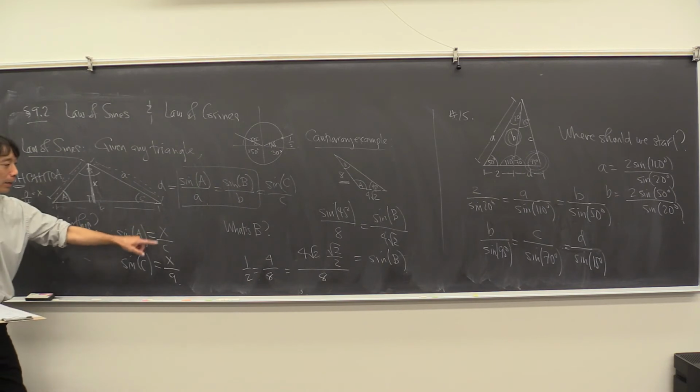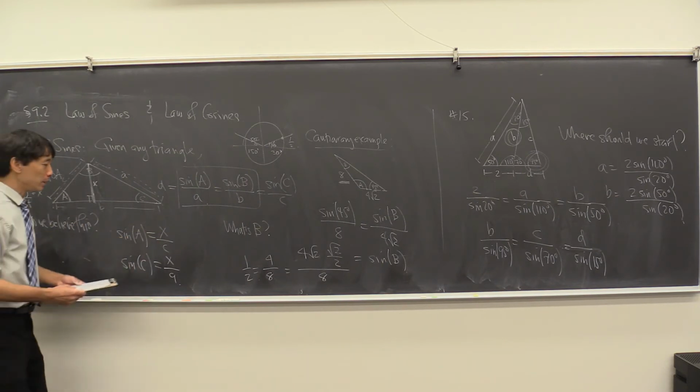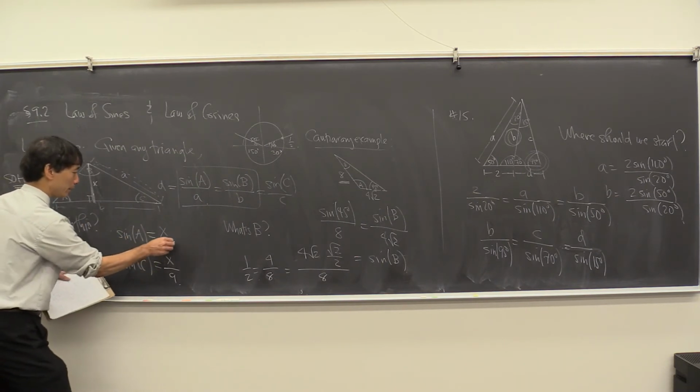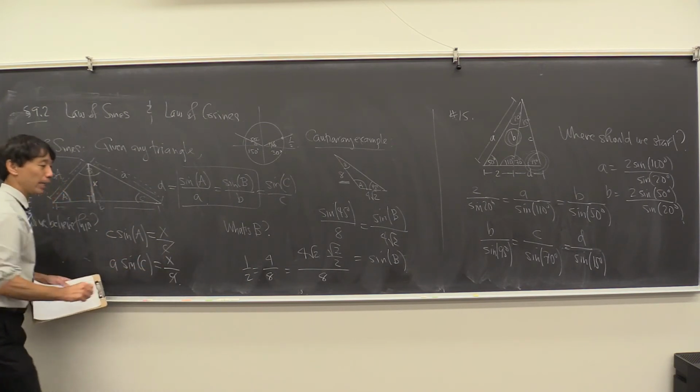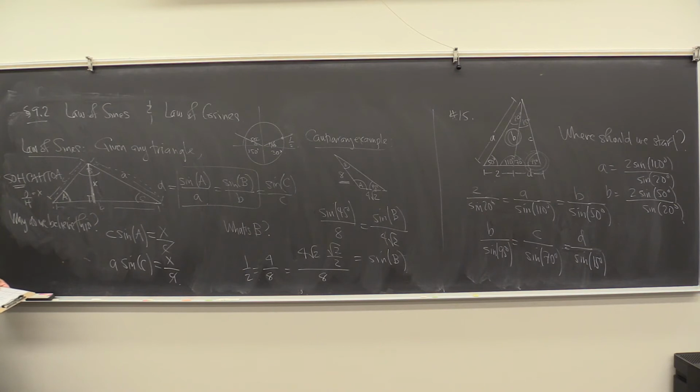Okay. Now that tells me that I'm just going to multiply through here. C sine A is X. A sine C is X. Right? So those things are equal to each other.